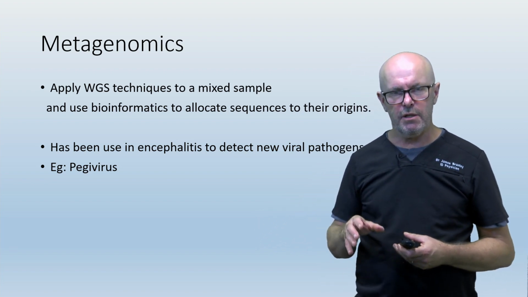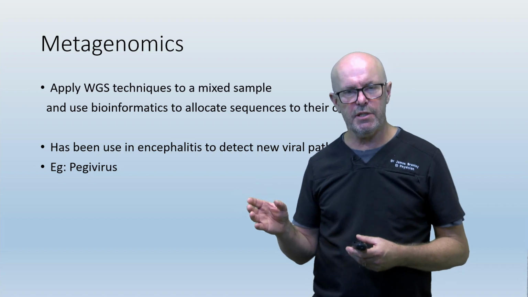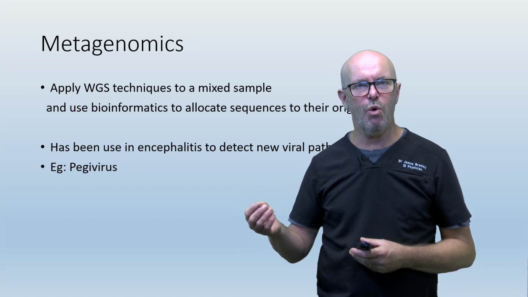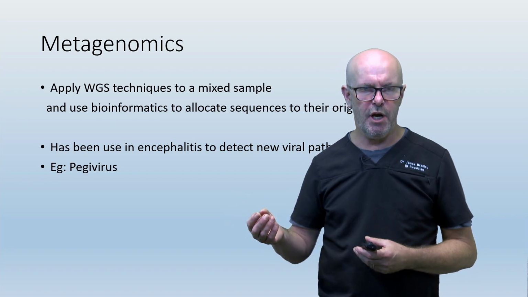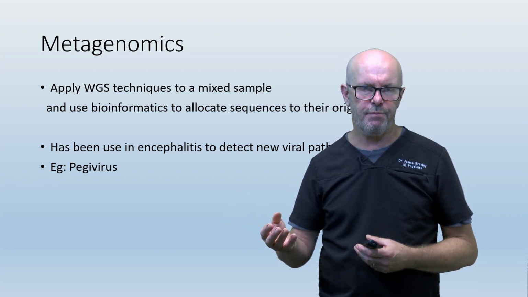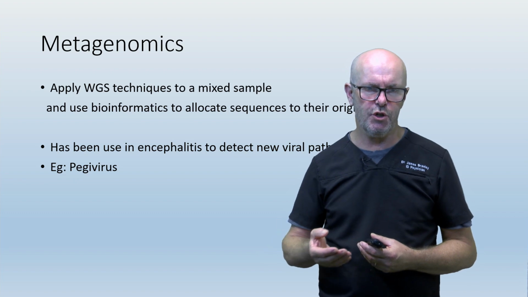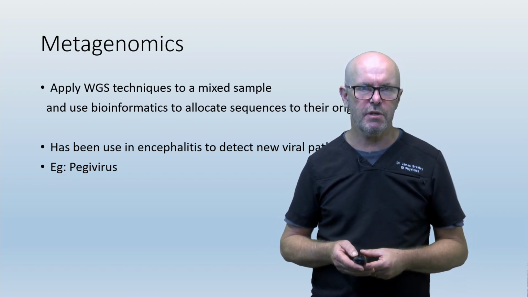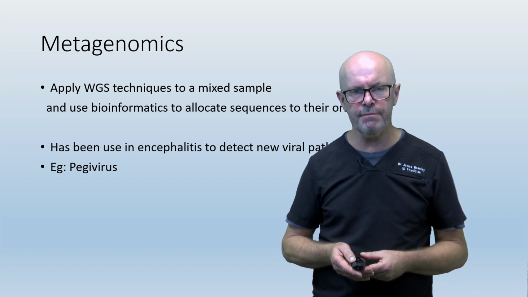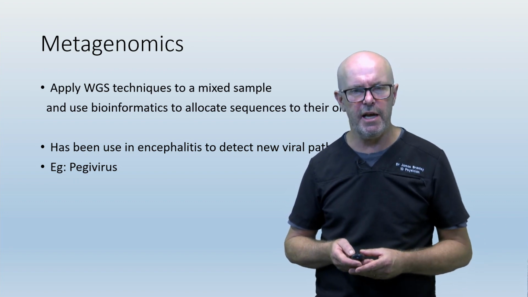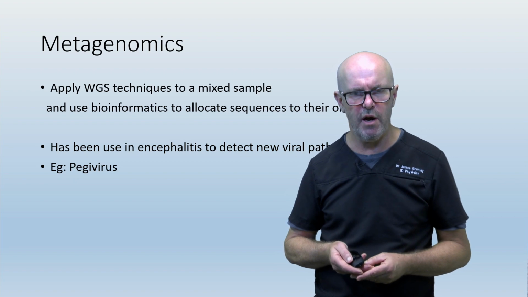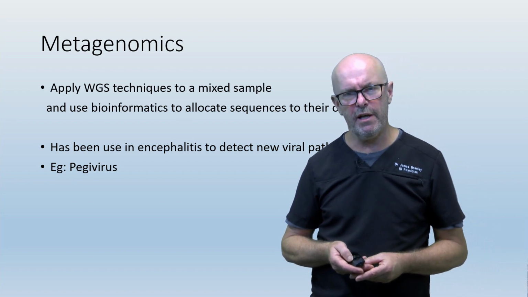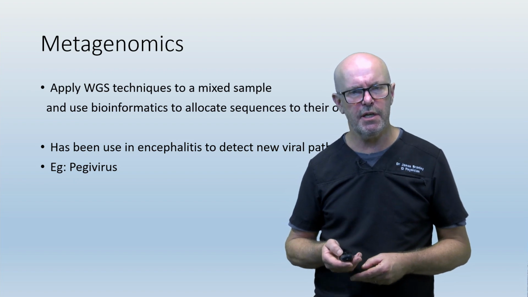The example I'm using here is an encephalitic patient with an abnormal CSF, but no organisms detected that we know of, can be meta-sequenced in order to reveal sequences suggesting a new pathogen. And in our hands, we were able to do this to identify a PEGI virus encephalitis that would have otherwise been an undiagnosed encephalitis.